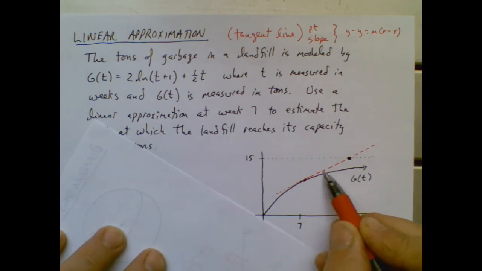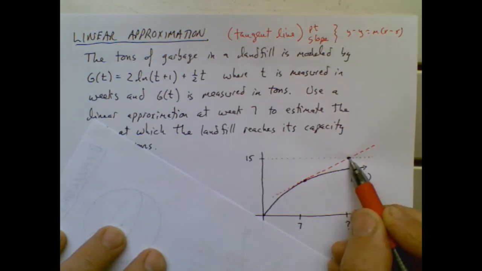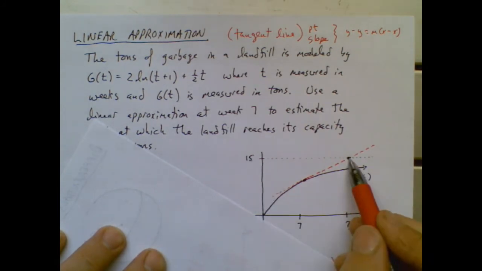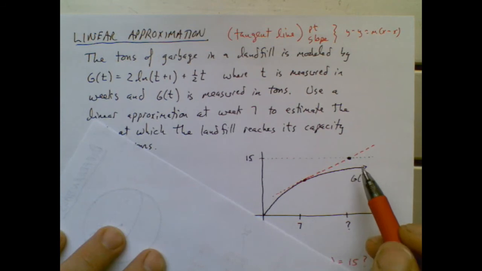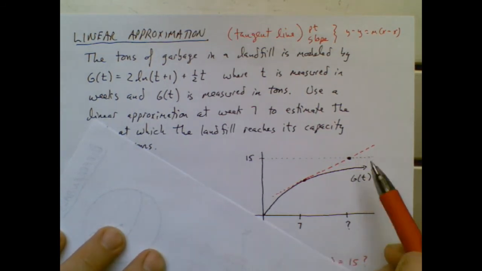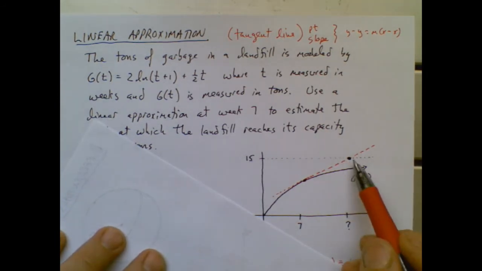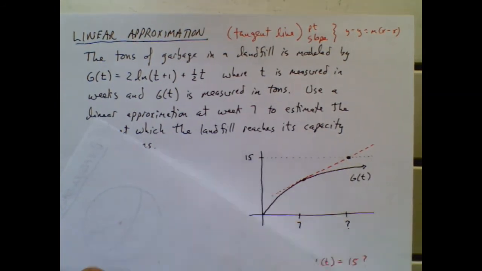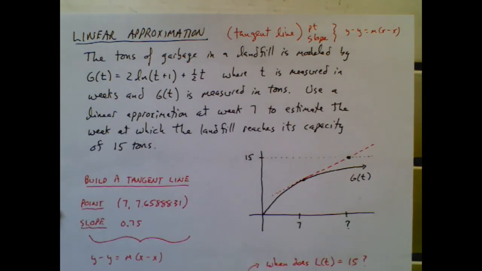And we're saying when would that tangent line or that linear approximation end up having a y value of 15, because that's when we're going to say this landfill is at capacity. So if we build that tangent line, we can use our calculator or algebra skills to figure out when it's at capacity. So here we go.